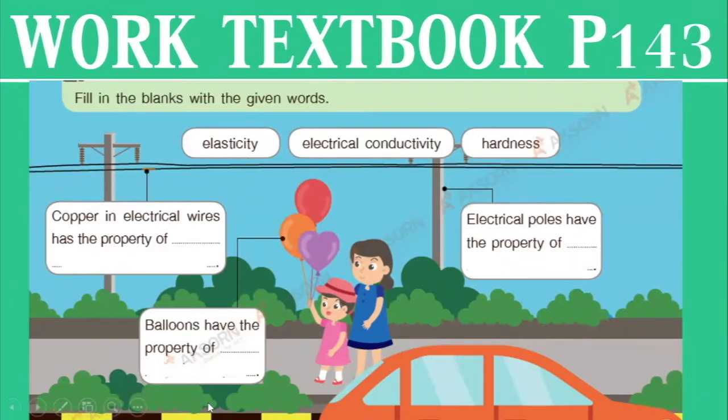So we know that copper in the electric wires has the property of electrical conductivity, right? Balloons have the property of elasticity, right? And electrical poles have the property of hardness, all right? So I hope you refreshed your knowledge now.